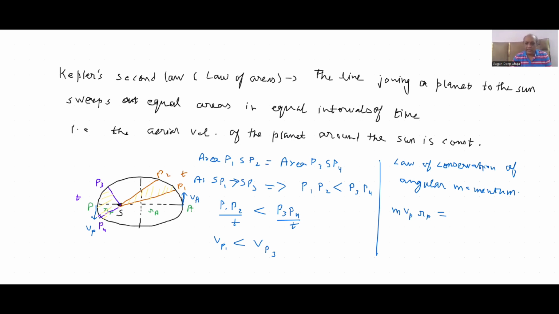Because the mass of the planet remains the same, vp divided by va will be equal to ra divided by rp. You can say that velocity is inversely proportional to the distance. So the important thing here is that Kepler's second law is based on the principle of conservation of angular momentum. Now we are going to look at the Kepler third law of planetary motion.